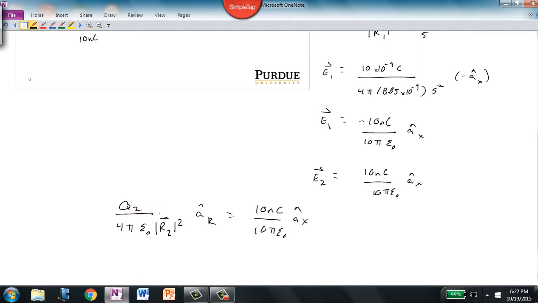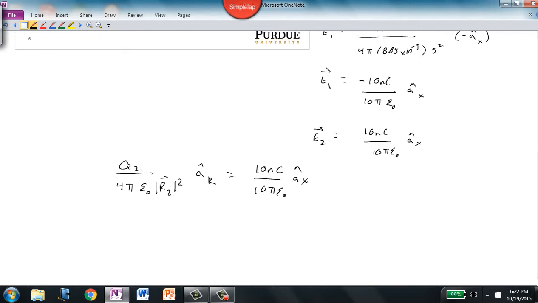Sorry about that. So we know that the value of Q2, the charge we're going to insert, is 1 nanocoulomb. So 1 nanocoulomb over 4 pi epsilon 0 times the magnitude of R2 squared, the unit vector pointing radially, is equal to 10 nanocoulombs over 100.